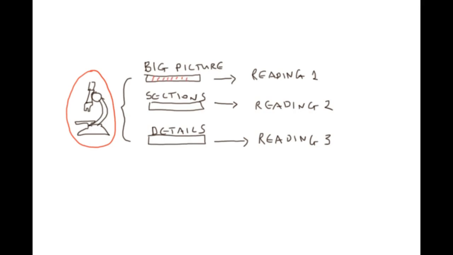The first thing is the big picture. If you zoom out all the way, you'll see the entire thing. If you go in a little closer, you can look at sections of an object, and if you zoom close in, you can really start to see the details.